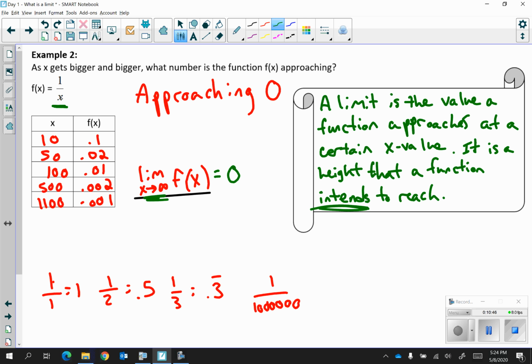There is no number that you can have where 1 divided by it is going to be 0. It just won't happen. However, we say that it gets very close to 0. So it's important to realize that the concept of limits doesn't mean that this function is going to actually equal 0. It just gets close to it.